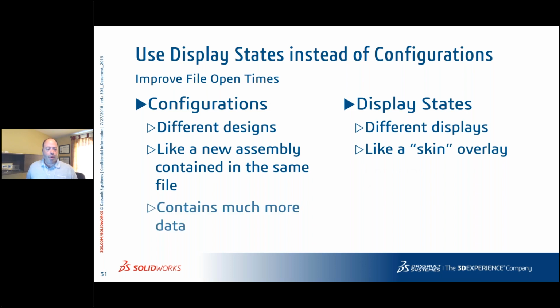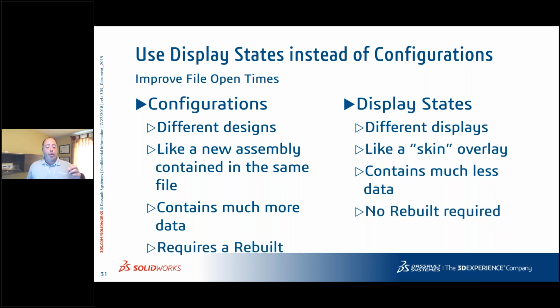So what that boils down to is that a configuration contains a lot more data itself than a display state does. Also, when you change between configurations, oftentimes you will need a rebuild because the data is very different. Changing between display states does not require a rebuild.